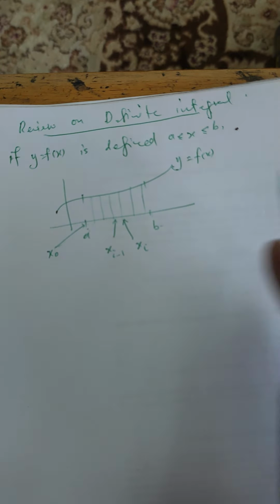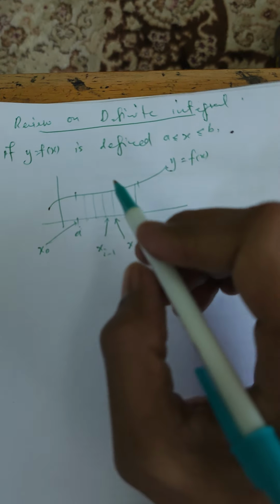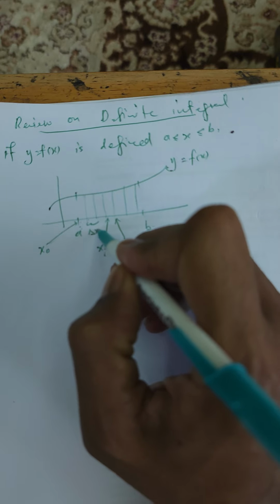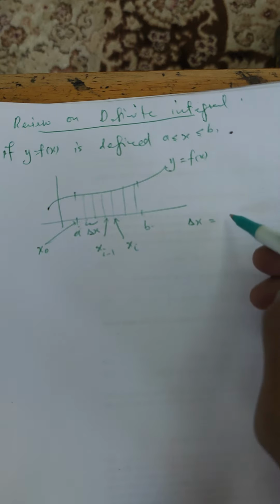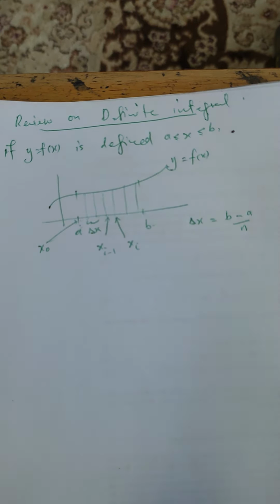We divide that into equal distances, where we call this distance delta x, and delta x is (b minus a) over n, since we split the interval into n sub-intervals.